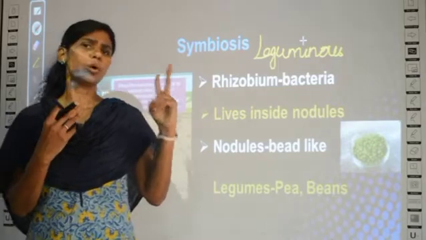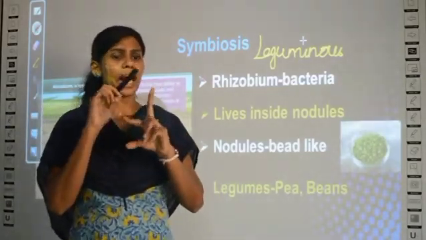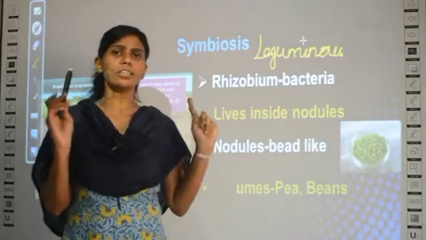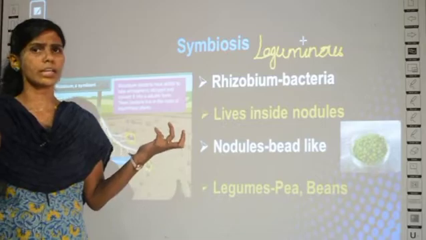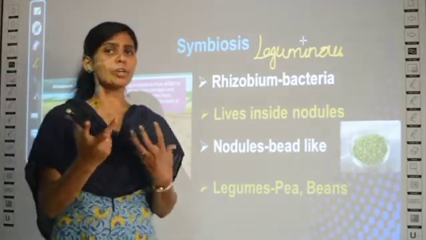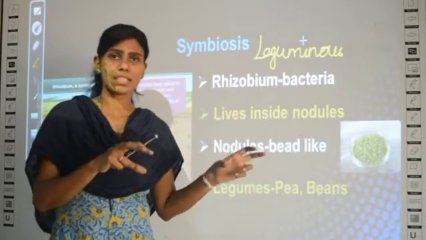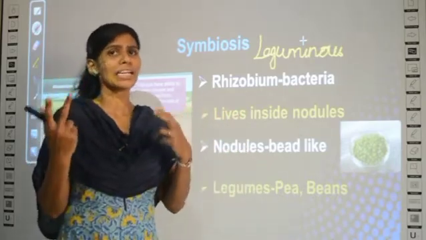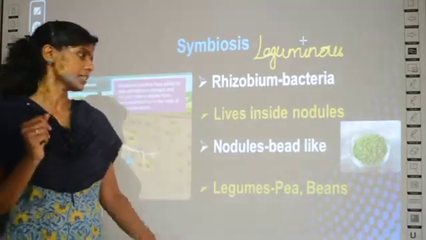What are the two organisms involved here? The root nodules of the plants and the bacteria. Why do I call the root nodule an organism? Because it belongs to the plant, no? So actually the relationship is between the rhizobium bacteria and the plant.